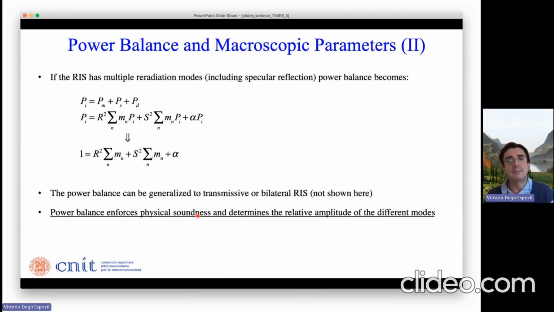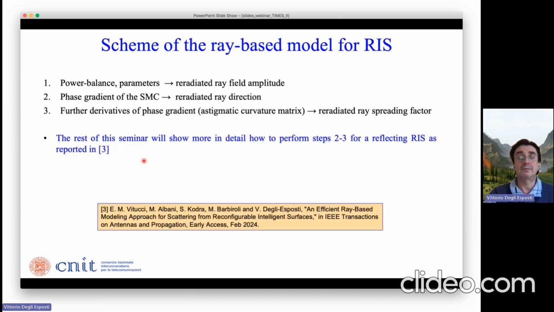Of course, some of these parameters in this equation must be defined through theory or measurement on a given sample, and the others can be found using power balance, because we need the waves to satisfy power balance. We cannot accept any creation or destruction of power in the metal surface.